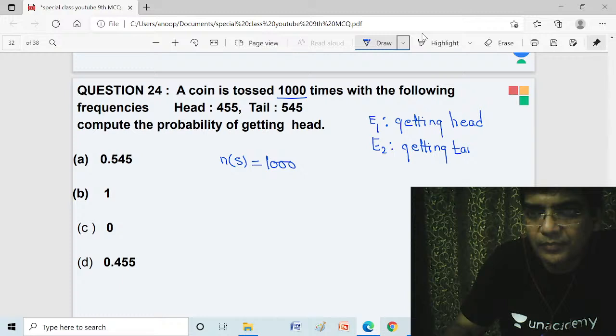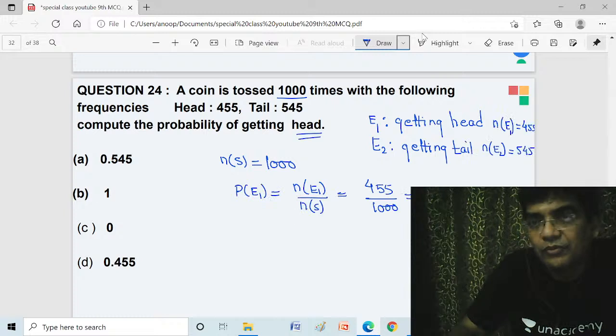The formula is the cardinal number of E1 upon the cardinal number of the sample space. The cardinal number of E1 is 455 and the cardinal number of the sample space is 1000. If I divide it, I get 0.455. This will be my answer.